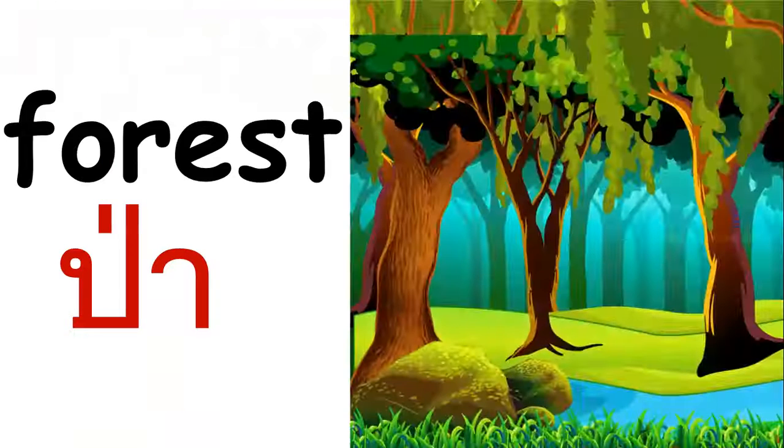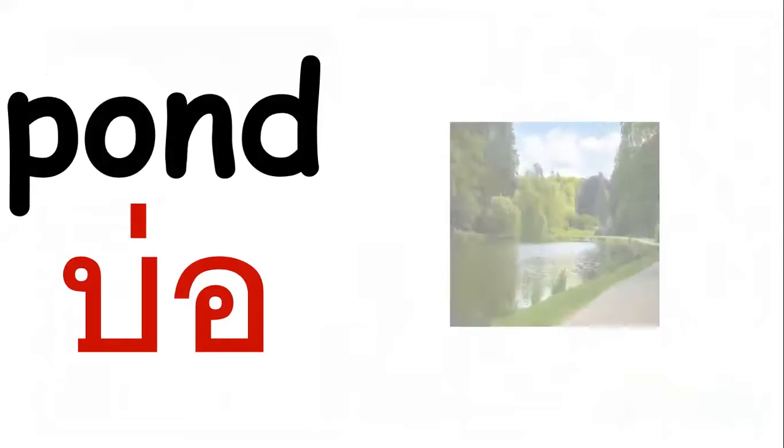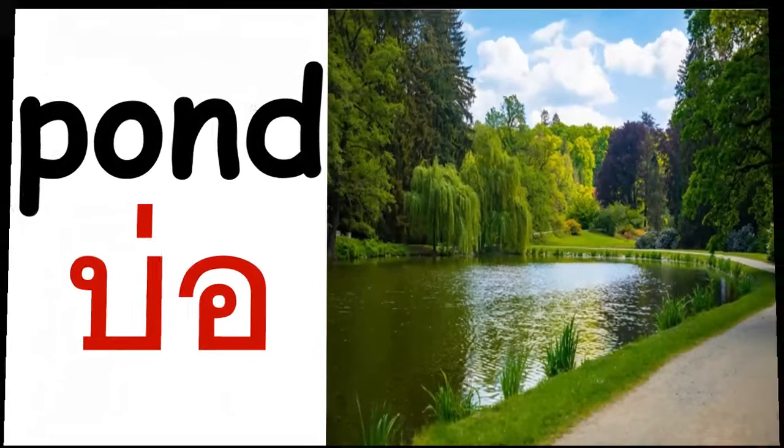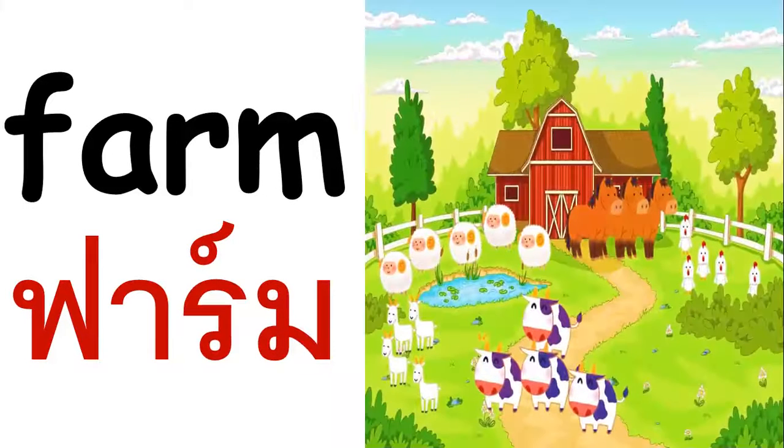And this is the picture of a forest. And then this one is pond. Animals can live here in this place and we call it pond. And then farm, most of the animals can also live in the farm.